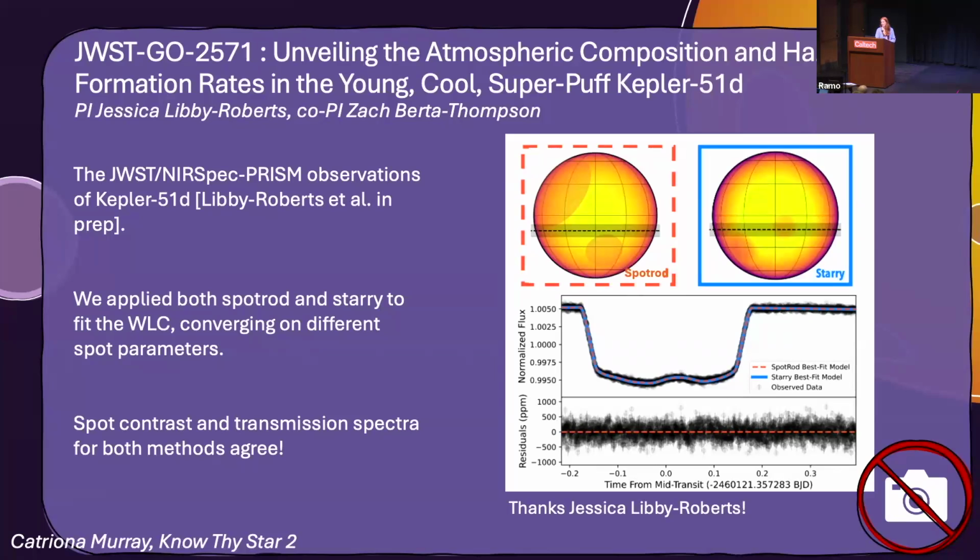So we weren't going really small with starry. We did find for the 3% contamination, it depends on what your other uncertainties are in the transmission spectra, whether a 3% error in the transit depth is significant or not to what you're trying to find. But we didn't go any smaller than that, so I don't think I could put a number on that. Cool, thank you. Let's thank Katrina again.